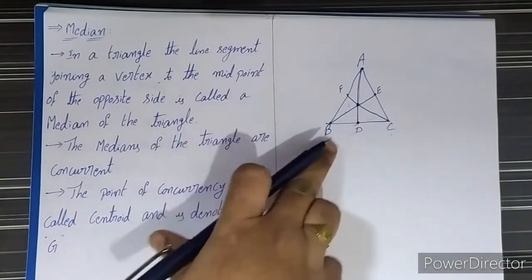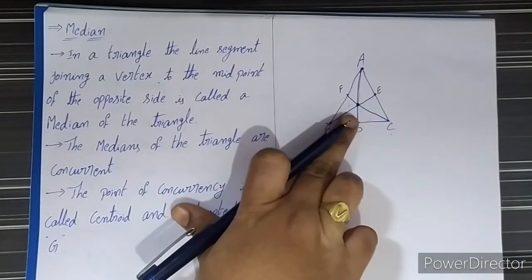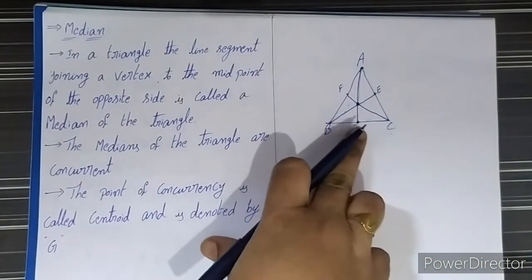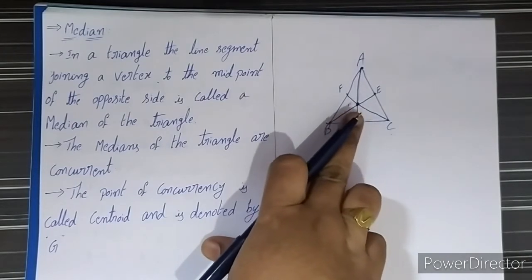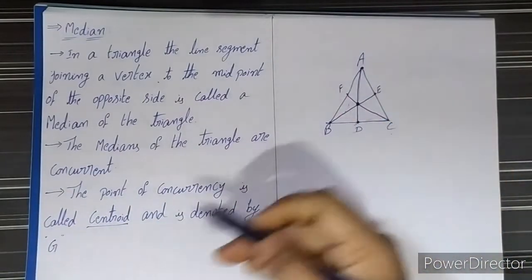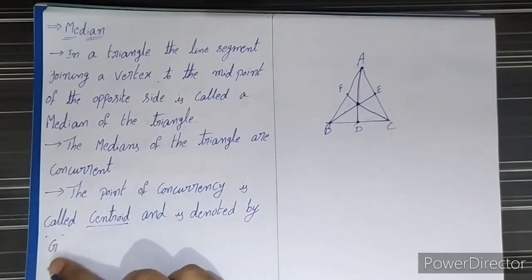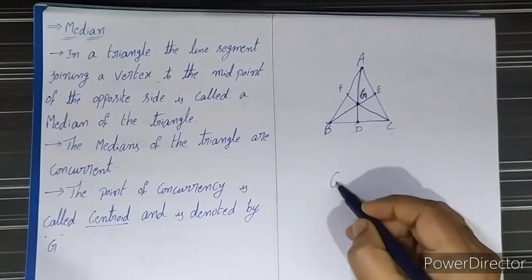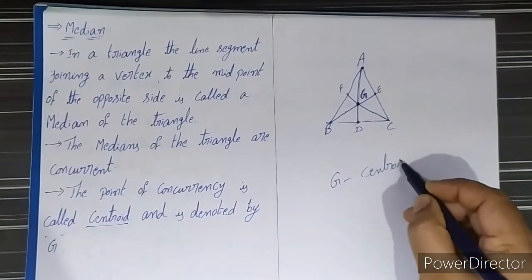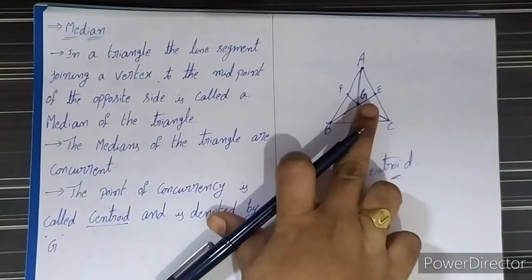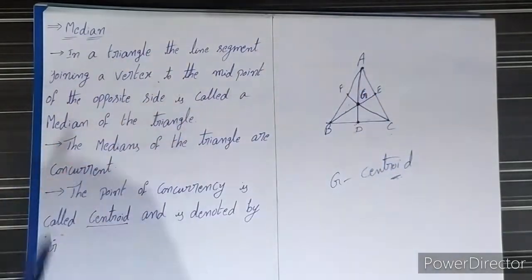That means AD, BE, CF are concurrent. They all have the same point, called the point of concurrency. That point of concurrency is called the centroid. The centroid is denoted by G. Centroid means the point of concurrency of the medians of a triangle.